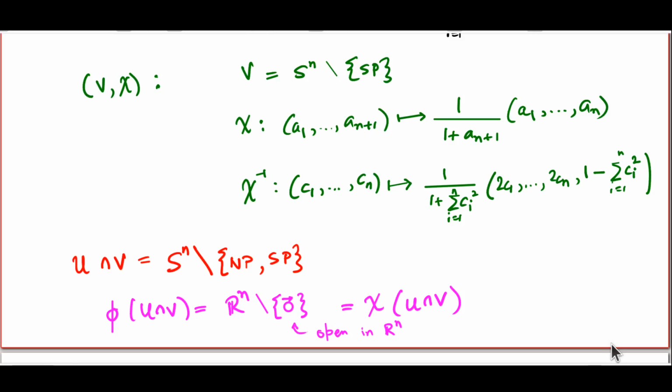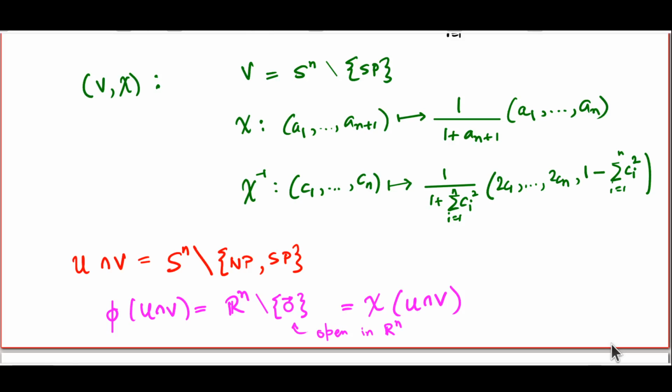It's easy to see that whereas phi would have mapped the entire set U to the plane Rn, U intersection V gets mapped onto the entire plane Rn from which one point is removed, which is nothing but the image of the south pole, which is the only point of U which U intersection V does not have. The image of the south pole under pseudographic projection from the north pole is nothing but the origin. So phi of U intersection V is Rn from which the origin is removed. It's easy to see that such a set is an open set in Rn.